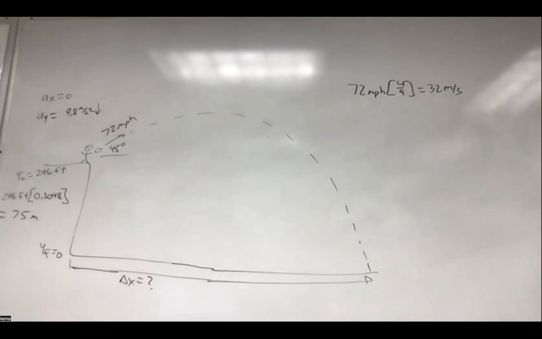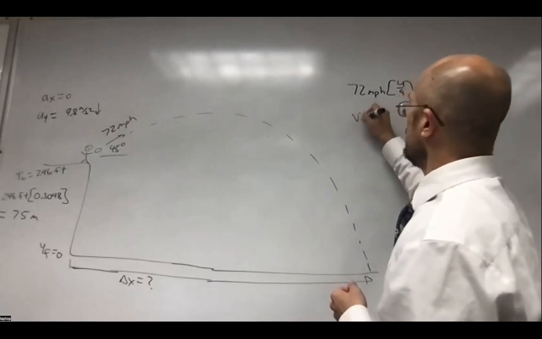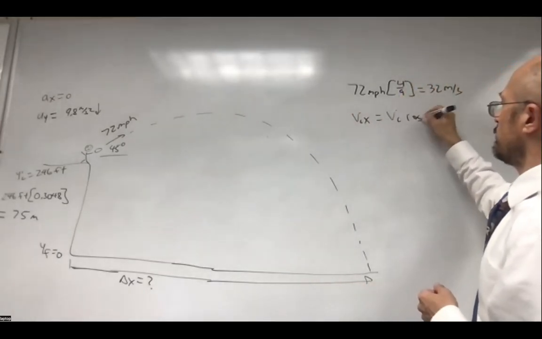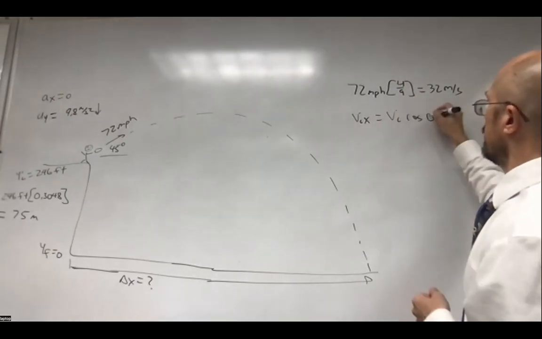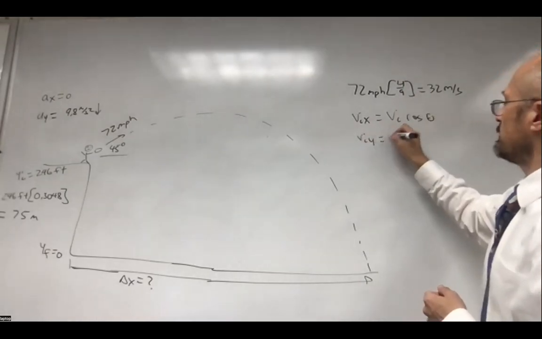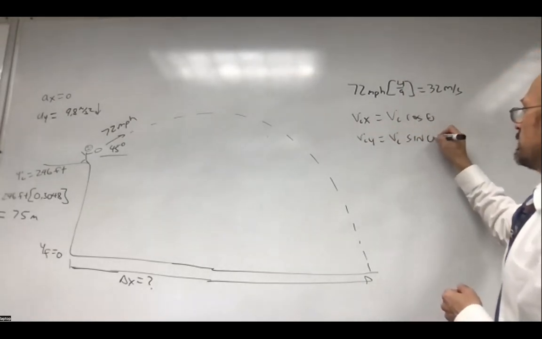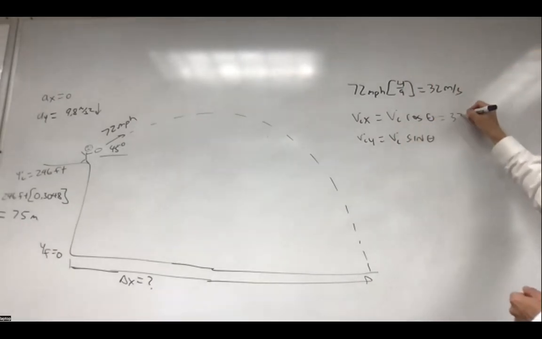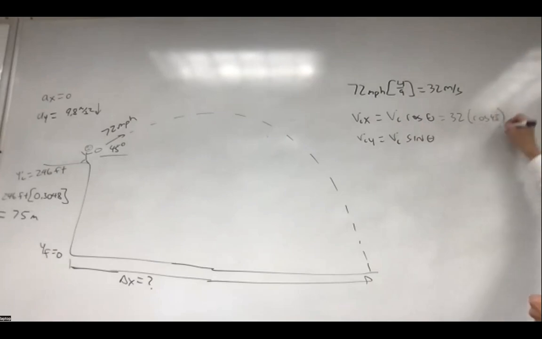Now we need to find what? v_ix and v_iy. So v_ix is v_i cosine of our angle, and v_iy is v_i sine of our angle. So this is going to be 32 times the cosine of 45, and this is 32 times the sine of 45.